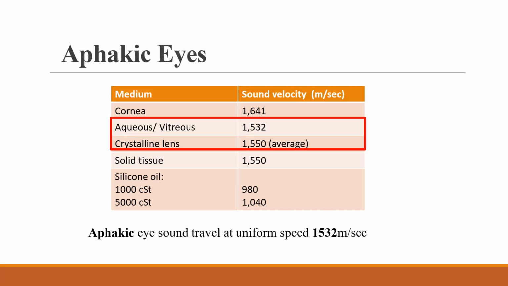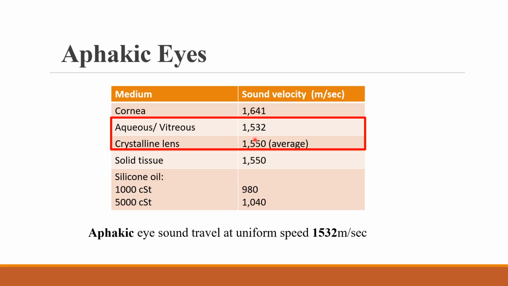Now we shall discuss some special situations in biometry. First of all, aphakia. In aphakia, sound travels at a uniform speed of 1532 meters per second. In other media: in the cornea, sound velocity is 1641 meters per second.